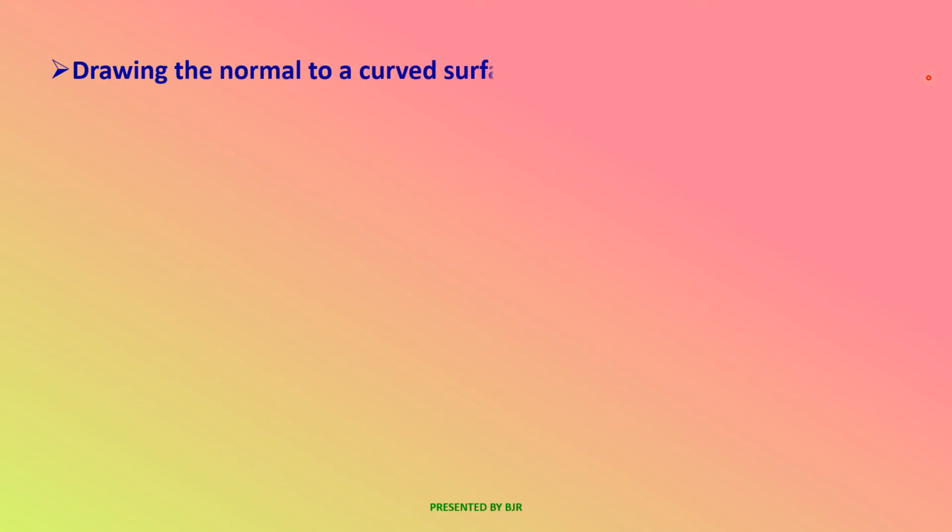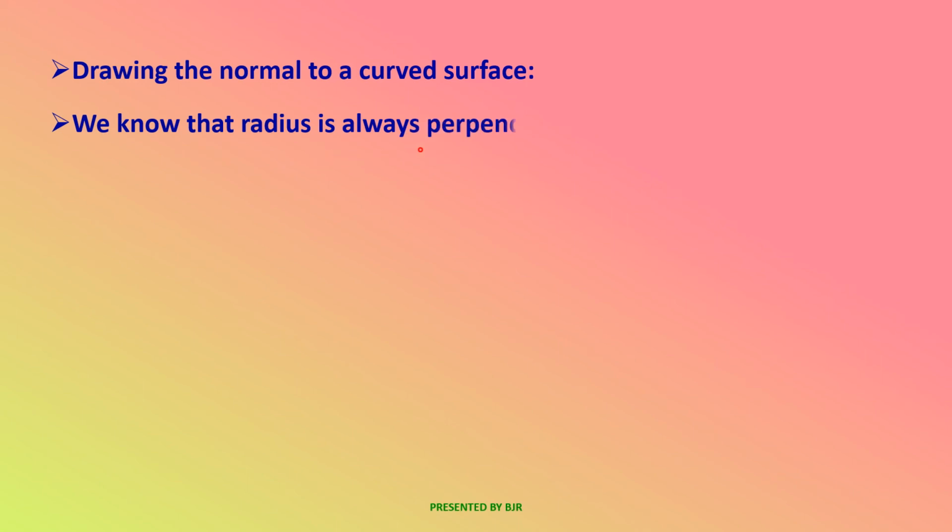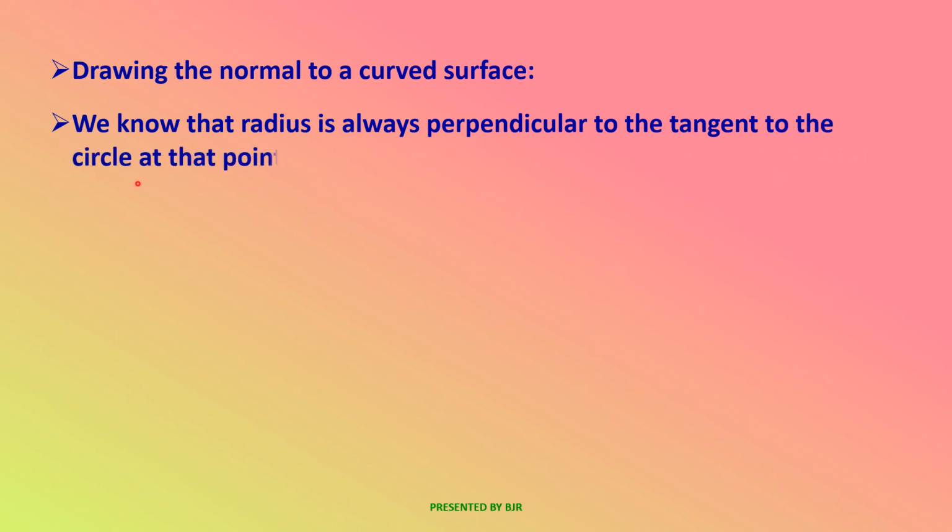While learning about circles and tangents, you have learned that a radius is always perpendicular to the tangent drawn at any point on the circle. We can check this here.